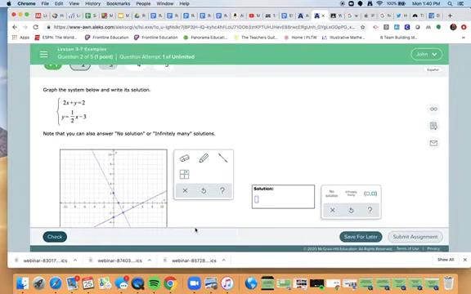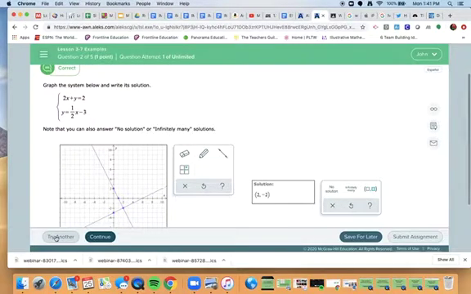So we actually just found our solution. That 1 point right there is the solution that satisfies both of these. If you take the point 2 comma negative 2, put it into both of these equations, it will work for both of them. So that should be our solution. Let's put it in, see if ALEKS likes what we gave it. And we're in good shape.